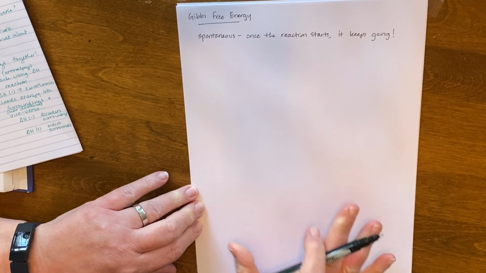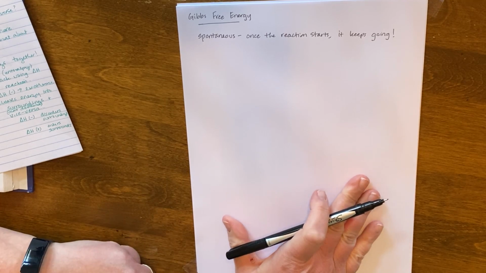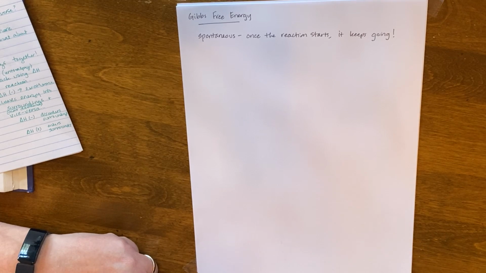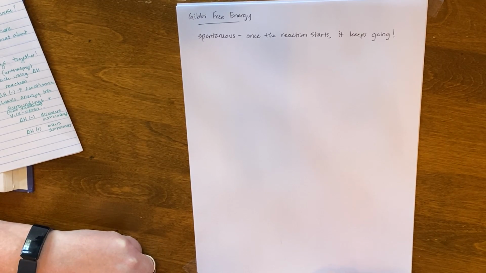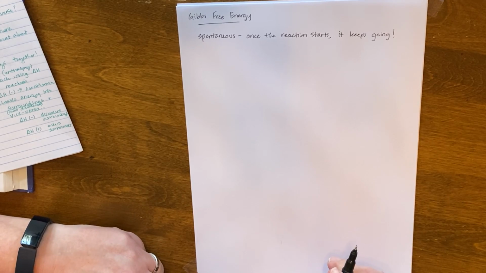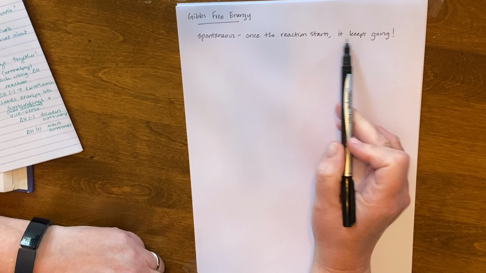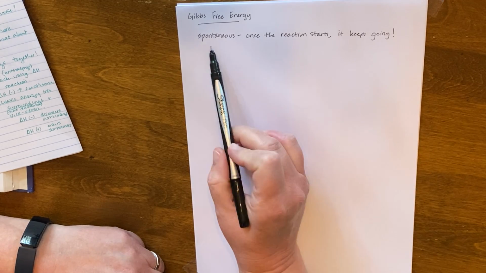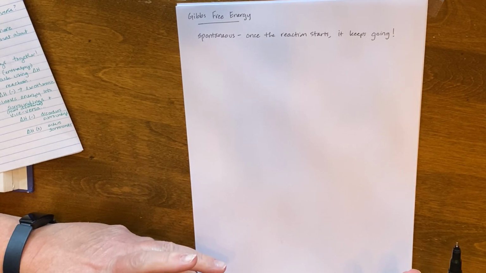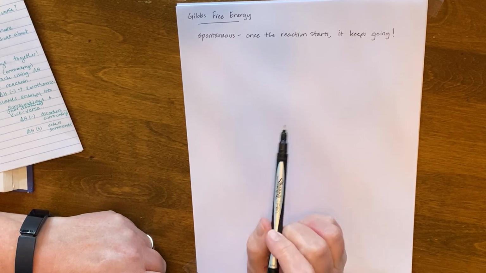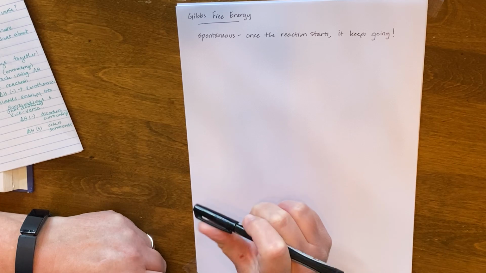Okay, and we talked about the fact that paper burning is actually a spontaneous reaction. Okay, it doesn't happen automatically. I need to light it with a match to give it some heat to get those collisions happening hard and violently enough. But once my paper starts burning, it will keep going. Okay, so spontaneous doesn't mean that it just happens without getting a kickstart. But spontaneous means that once it starts, it's going to keep going.